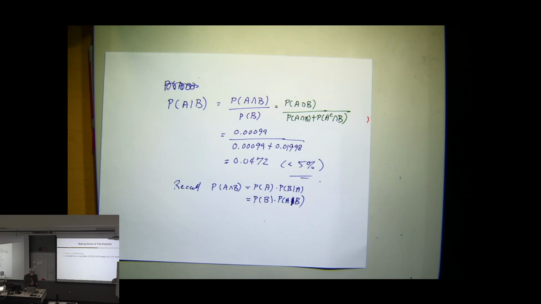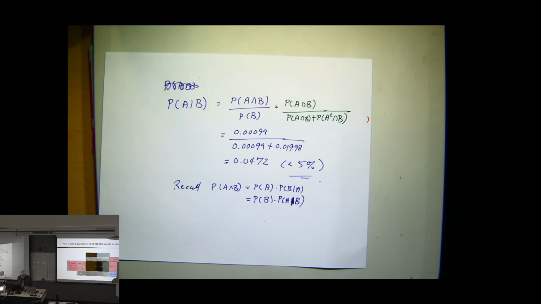Consider a population of 30 million people, a nice round number for the population of Canada, which is higher than that, but let's just think about 30 million people. Let's consider how they would be distributed, and we're going to lay out a table. How many would fall into each of these four intersections according to the probabilities worked out?